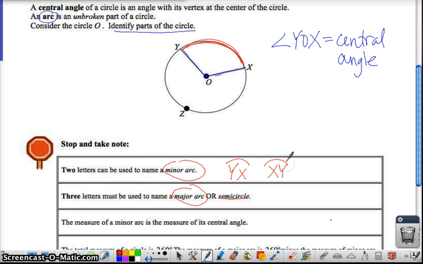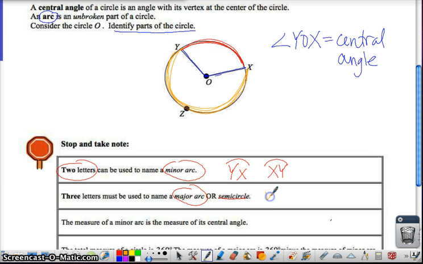But you have to put this little arc sign on top of it, the symbol, because that's the proper notation to identify that it's a minor arc. Notice that in a minor arc, only 2 letters are used. 3 letters are used to name a major arc, because it's more than just a little small portion of the circle. So it's either more than half of a circle, or it's actually half a circle, which is a semicircle.